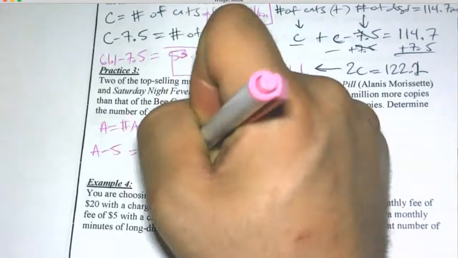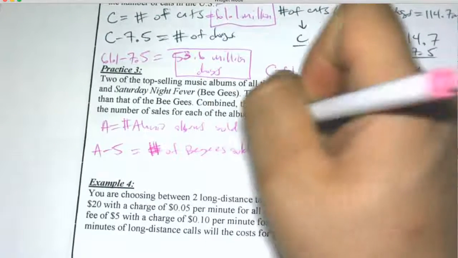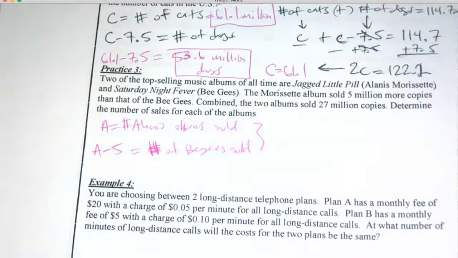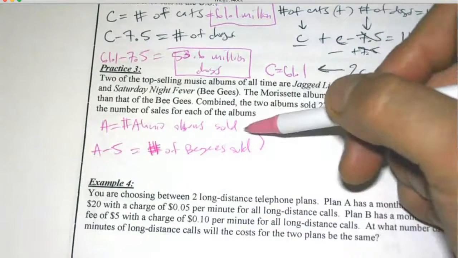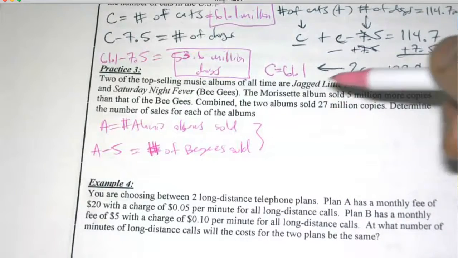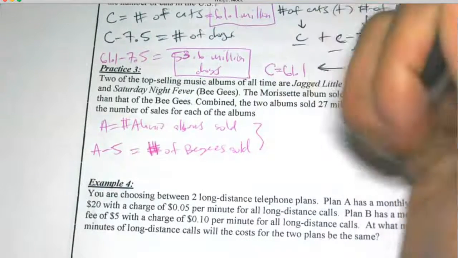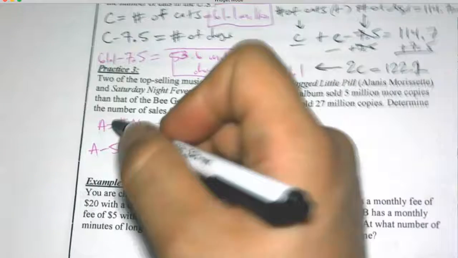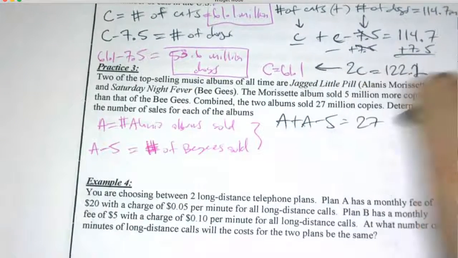will be the number of Bee Gees albums sold. And then it says together they sold 27 million copies. So the number of Alanis albums plus the number of Bee Gees albums sold equals a total of 27 million. So A plus A minus 5 has to equal 27 million.